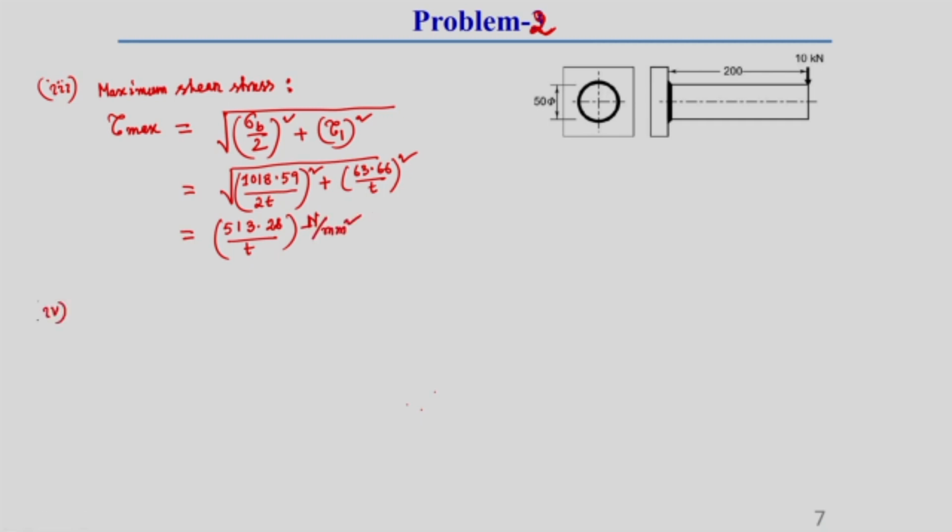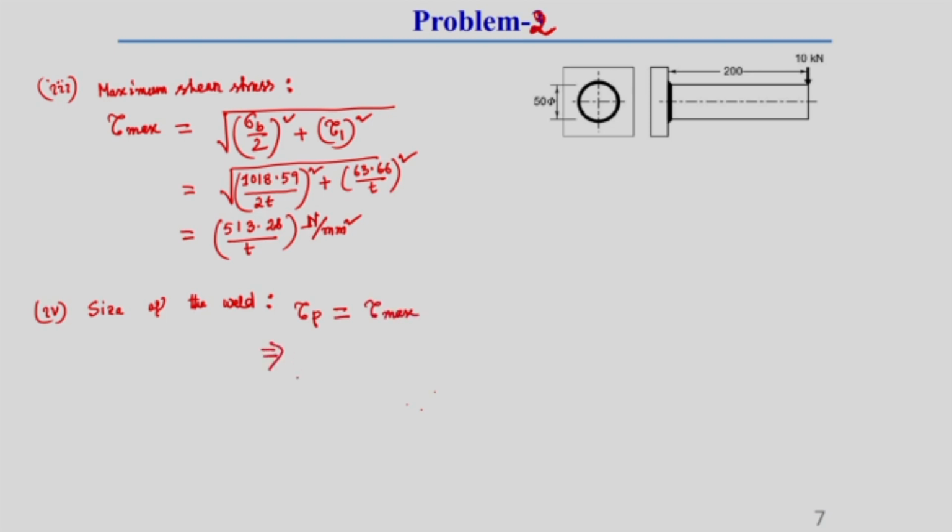Now, the fourth step is to find the size of the weld. So, we have to find the size of the weld. To find out the size of the weld, here we know the permissible shear stress. So, the permissible shear stress tau p we have to compare with this maximum shear stress.